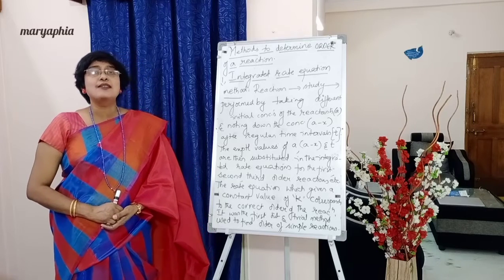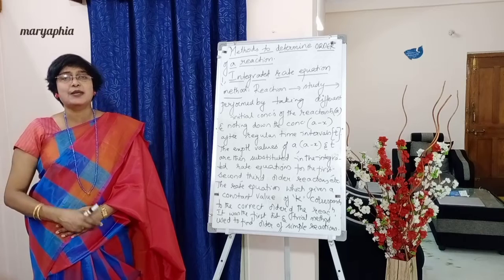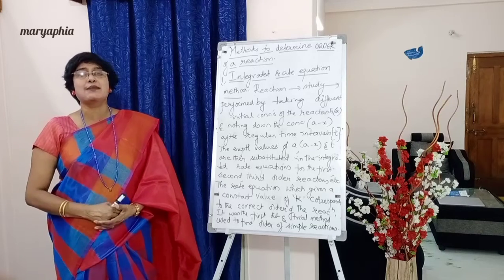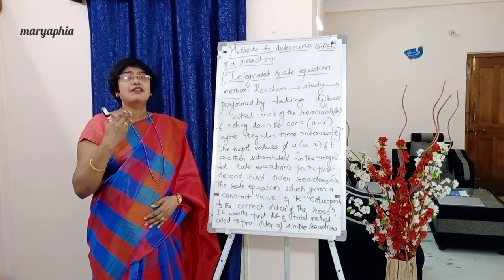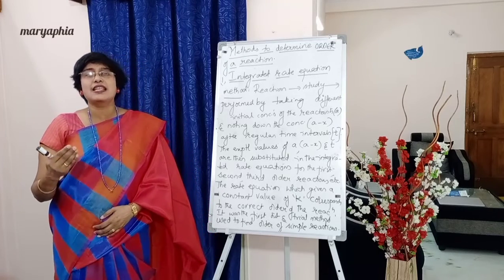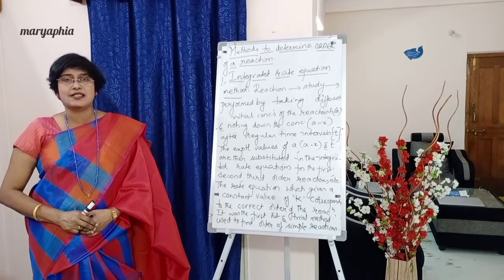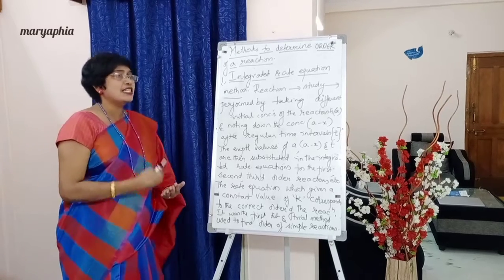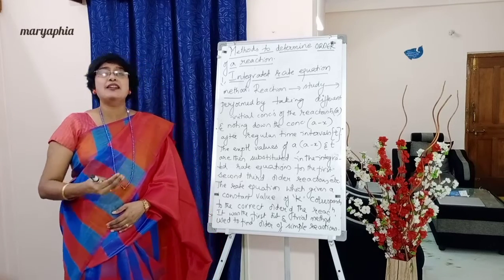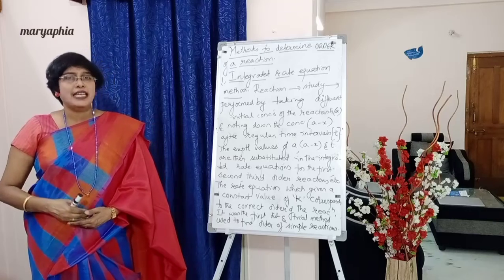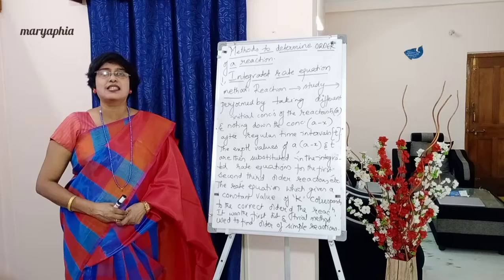That is X, and also the remaining concentration after 20 minutes, after 30 minutes. For each initial concentration we note down the remaining concentration at different regular time intervals. Initial concentration is denoted by small a, remaining concentration by a minus x, and time intervals by small t.